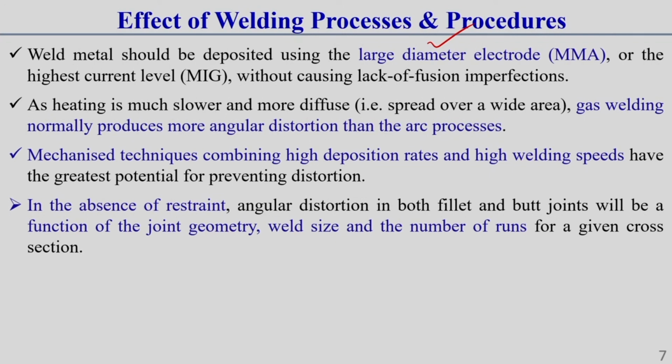Another point here I have written: heating is much slower and more diffuse in the case of flame types of welding, especially oxyacetylene, or fuel gas welding processes, where we generally use a torch. The torch spreads the heat over a wider zone, so a wider zone of material expands and contracts.